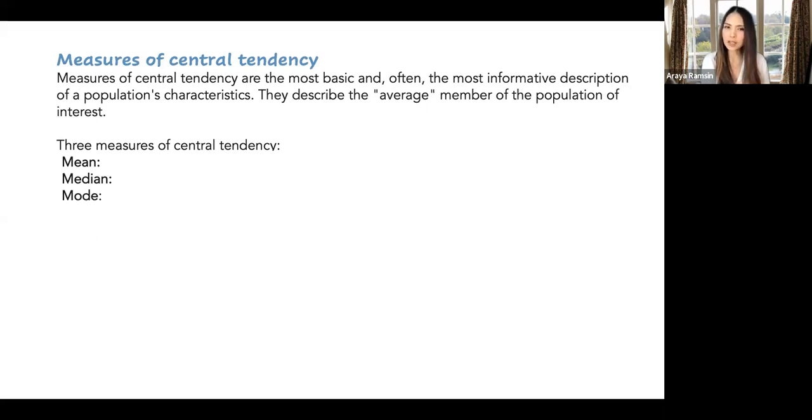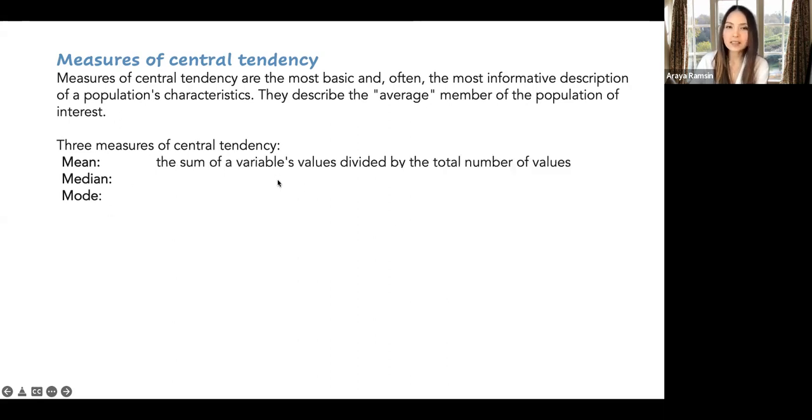Can you tell me what mean is? That's the average. The average number, that is right. It's the sum of the variable's values divided by the total number of values. Yes, what you said is exactly correct. And what about median?